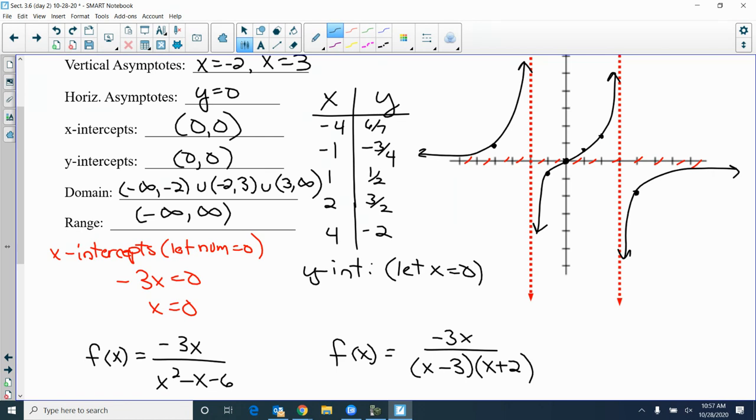Wait, there's two different pieces. For every vertical asymptote, it splits it, so you have 1, 2, 3 pieces, but you don't have that vertical asymptote. Well, what did you plug in? So we plugged in 1, you got back 2, right?